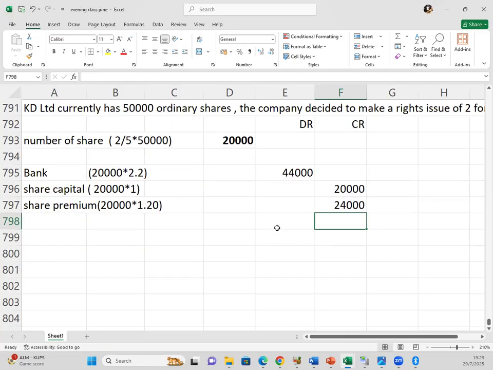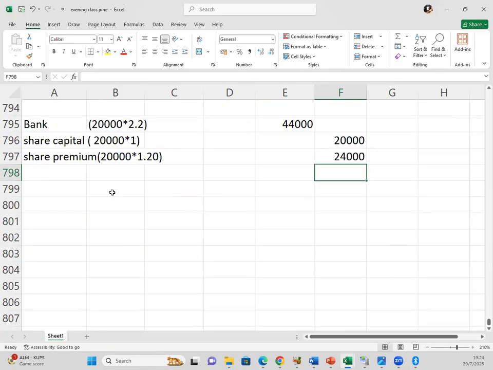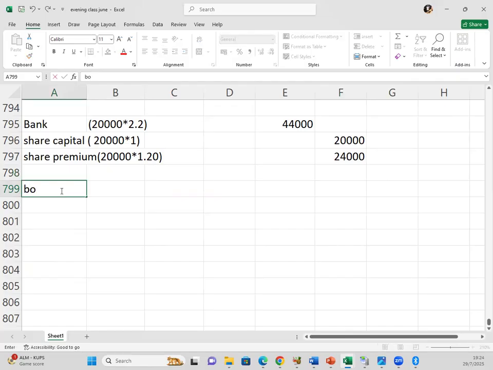Now, let's proceed. The next type of issue we are going to talk about is the scrip or bonus issue.